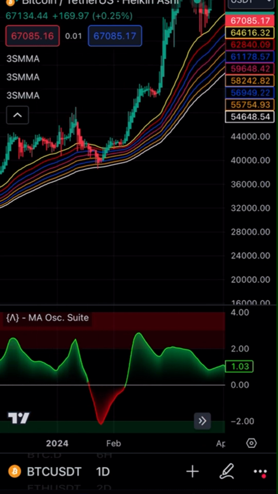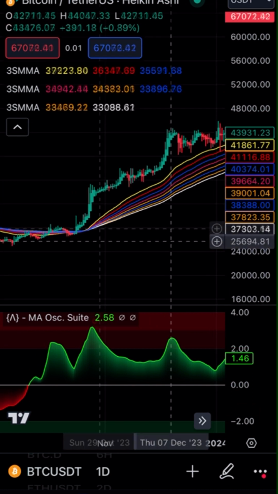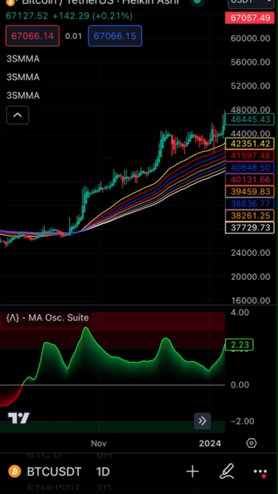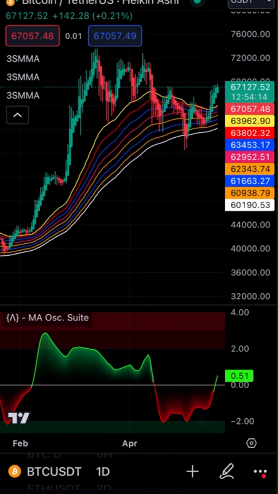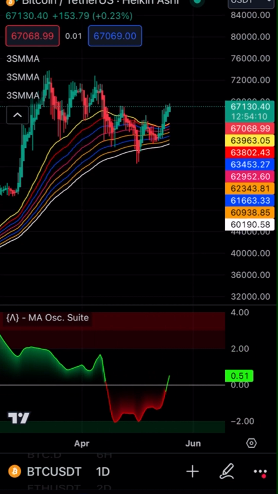So we identify what direction it's going, and to the date of this video, Bitcoin has been in a bullish trend since October 21st. It is bullish, we are not bearish, and you can tell that just by looking at this.